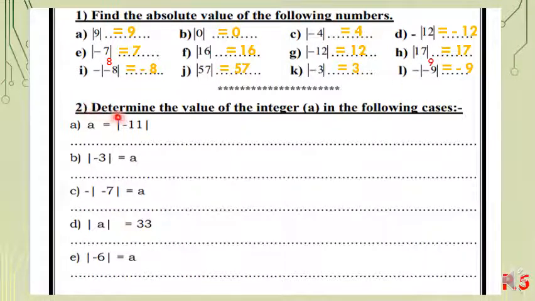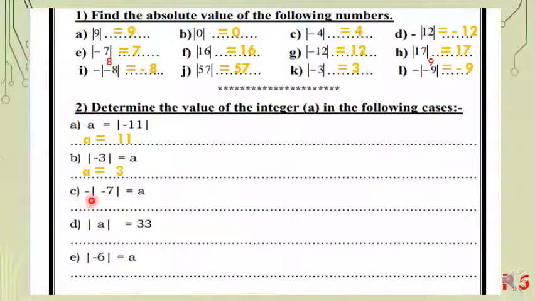Number 2. Determine the value of the integer A in the following cases. Letter A equals absolute value of negative 11. What's the absolute value of negative 11? It's 11, so A equals 11. Letter B, absolute value of negative 3 equals A, which means that A equals what? 3.